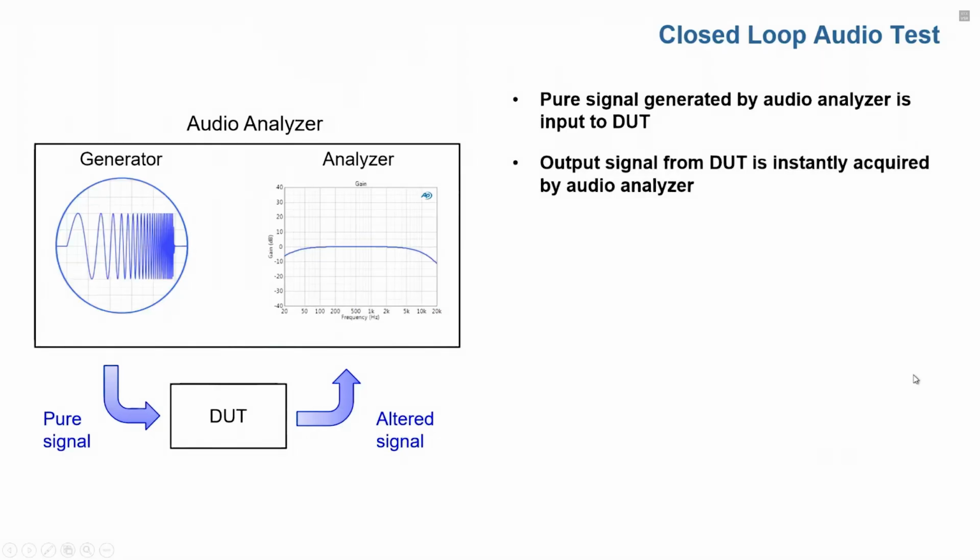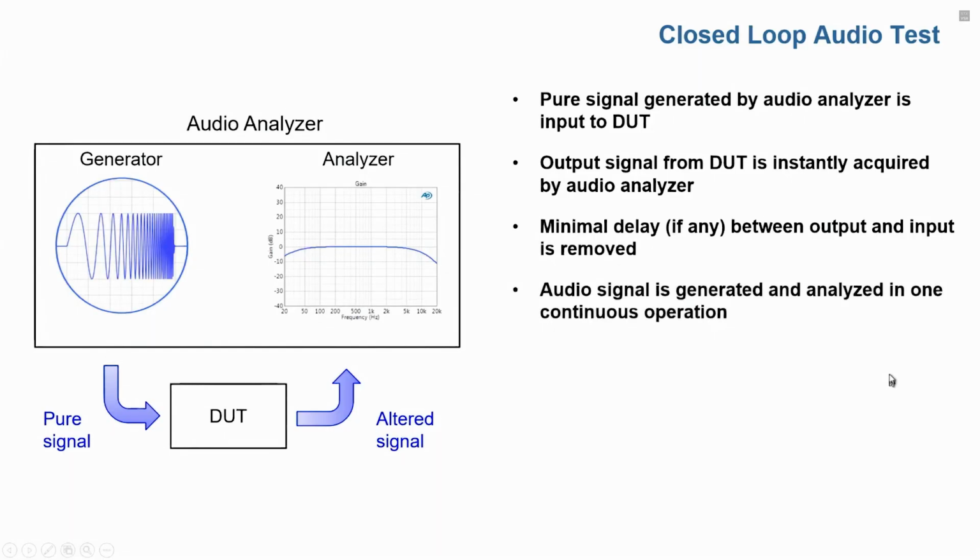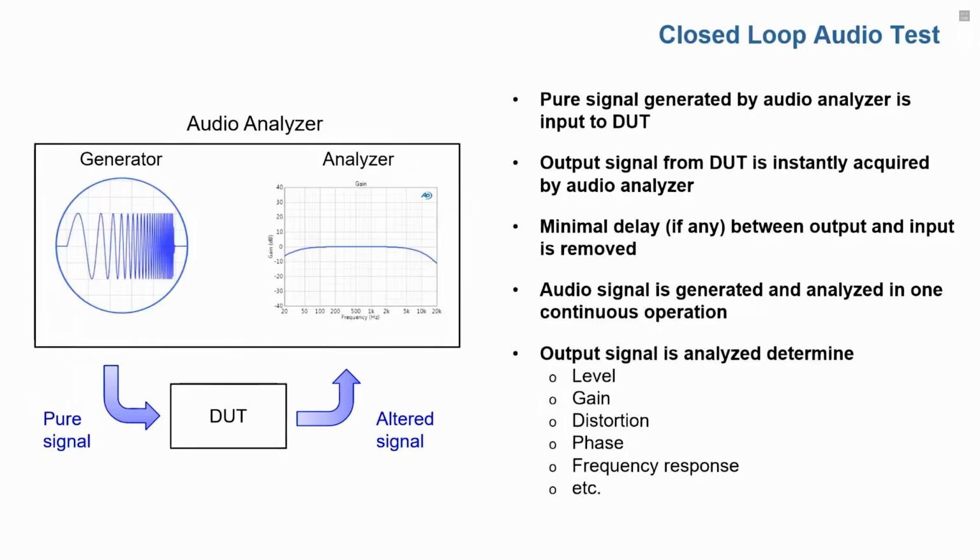The output signal from the DUT is instantly acquired by the audio analyzer. If there's any delay, it's usually quite minimal, and the delay between the input and the output is removed. The audio signal is generated and analyzed in one continuous operation. Then the output signal is analyzed to determine audio quality metrics such as level, gain, distortion, phase, frequency response, and so on.